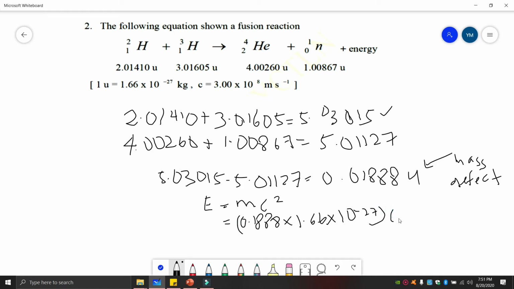And then you know the velocity of light is 3 times 10 to the power of 8, and this must also be squared. After you calculate, you got the value 2.821 times 10 to the power of negative 12 joule. So this is how you calculate the nuclear energy for nuclear fusion.